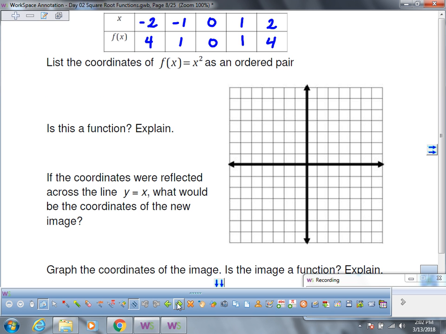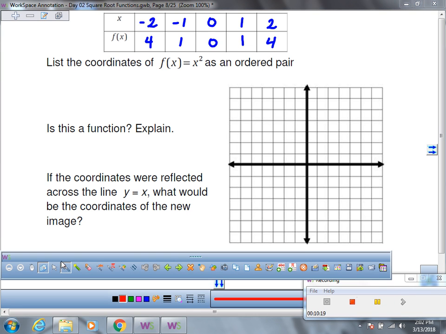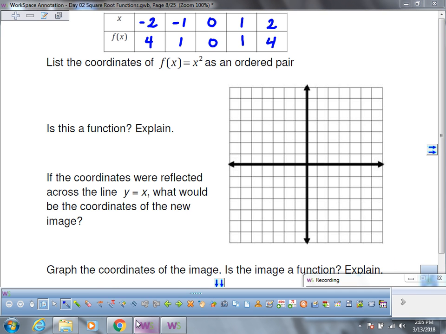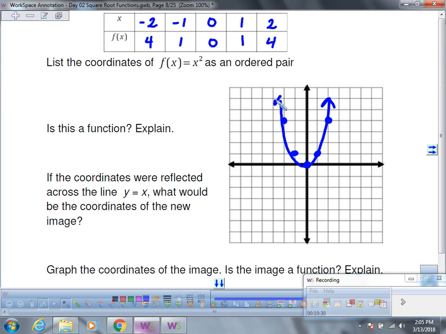Okay. So these are my magic numbers, right? For a quadratic, 0, 0, 1, 1, 2, 4. So I'm going to go ahead and graph those real quick. 0, 0, 1, 1, 2, 4. With symmetry, there's my function. This is f of x.